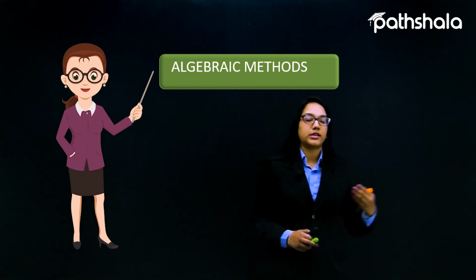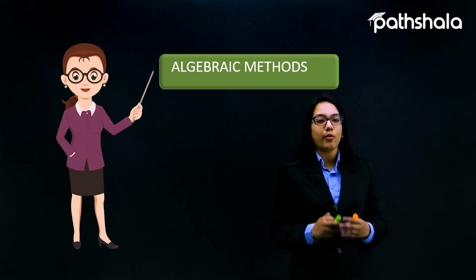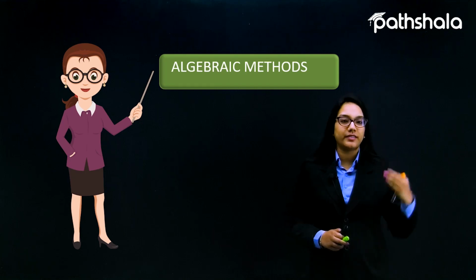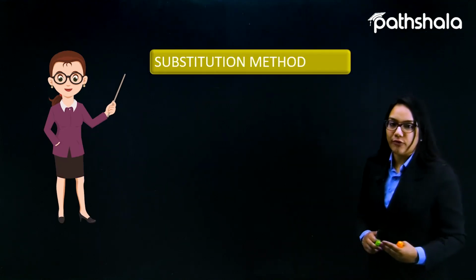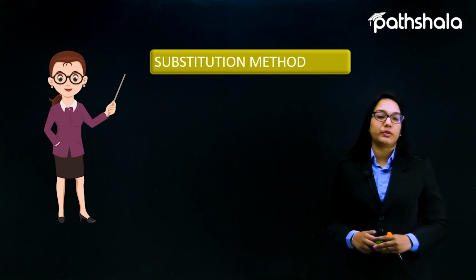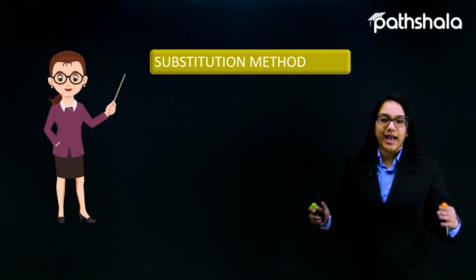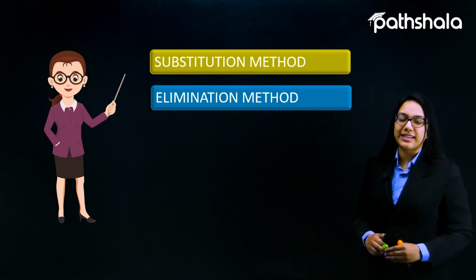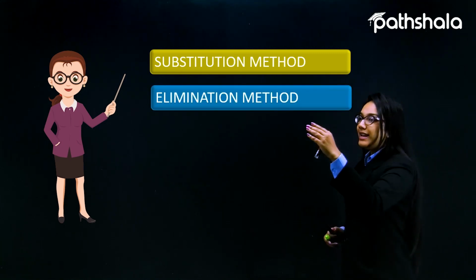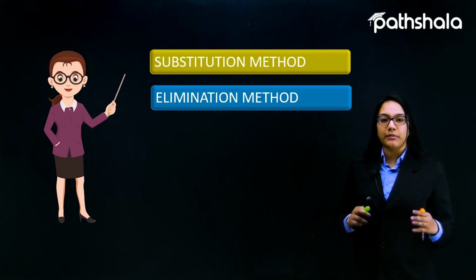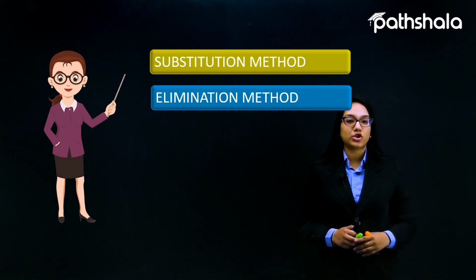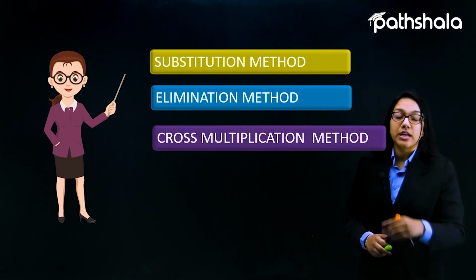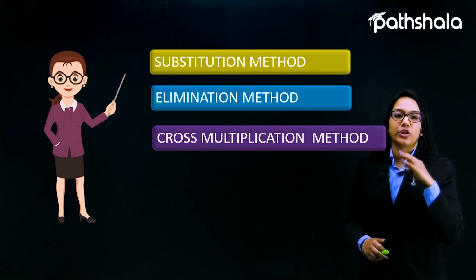So what are the several algebraic methods? We are going to discuss three main algebraic methods in this chapter. The very first is the substitution method. The second is the elimination method, and the third is the cross multiplication method.